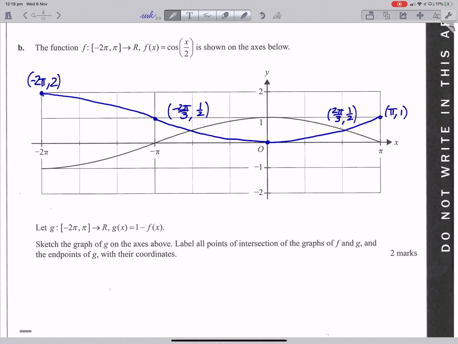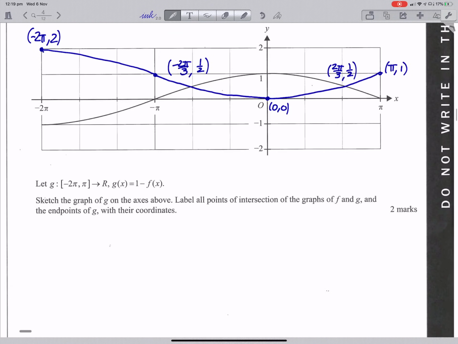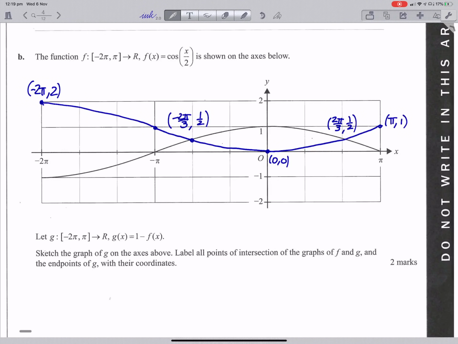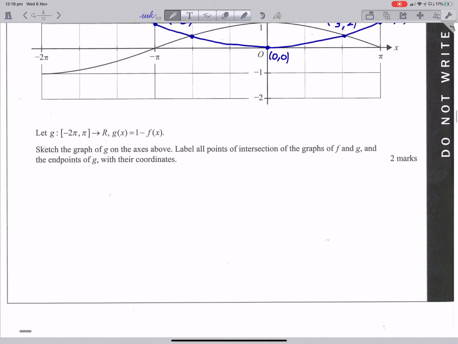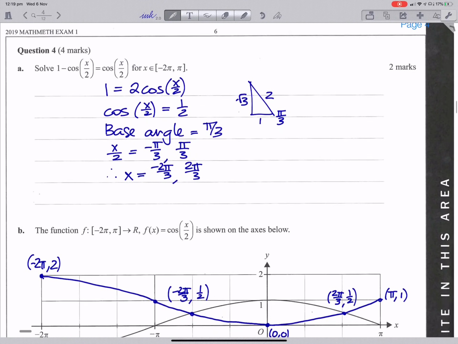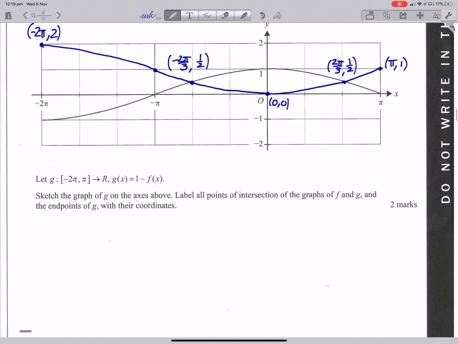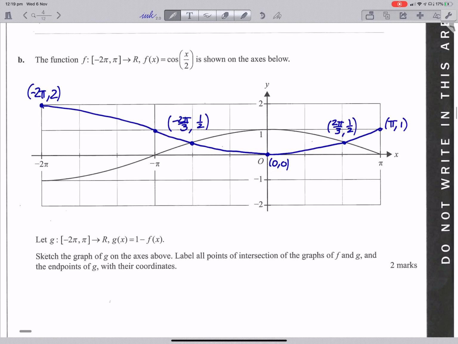Pretty sure that's everything. That's the origin as well. Yeah, if you have a look up there, you can see that 1 minus f of x gives us the same solutions.